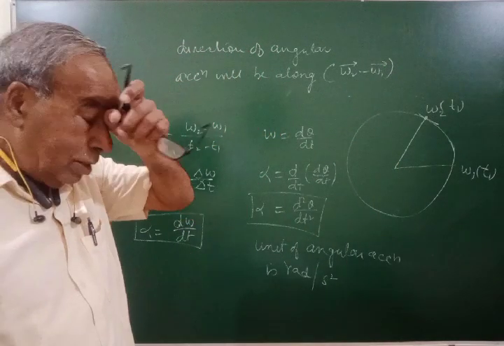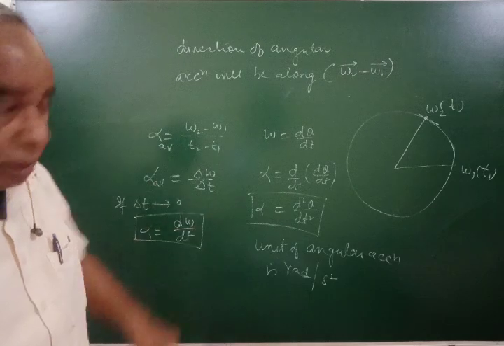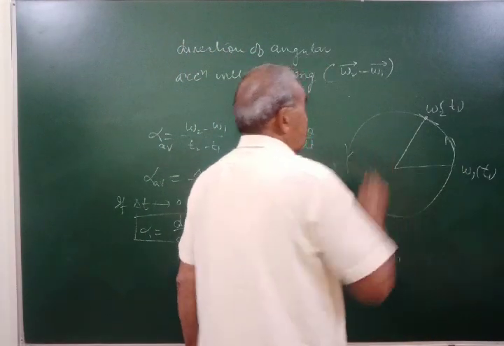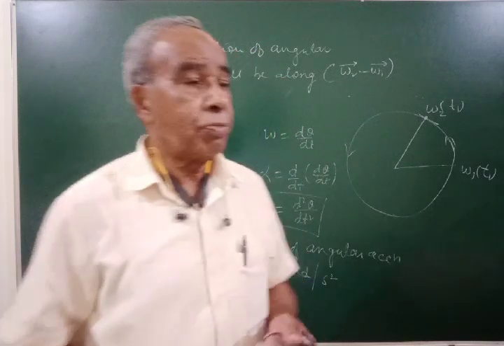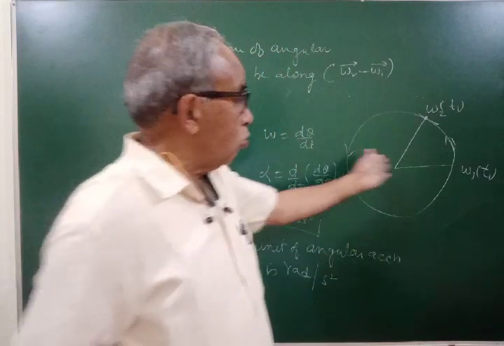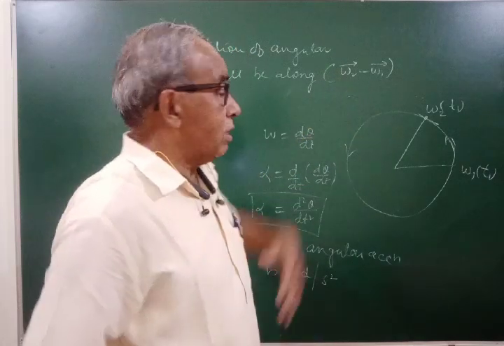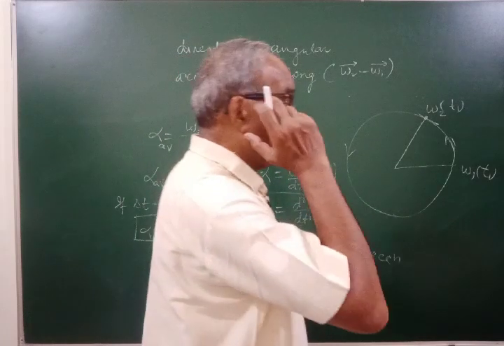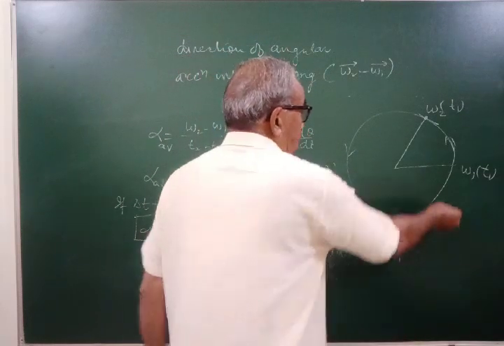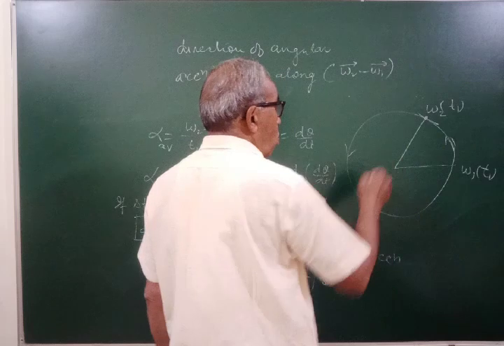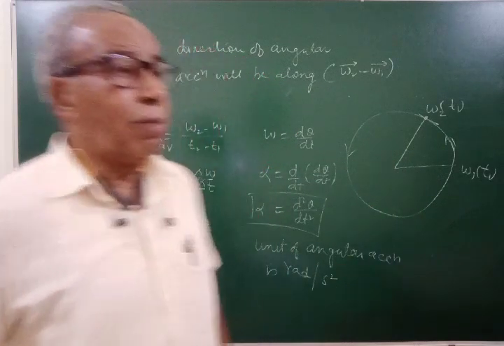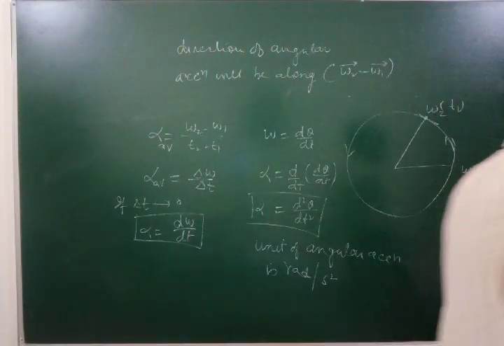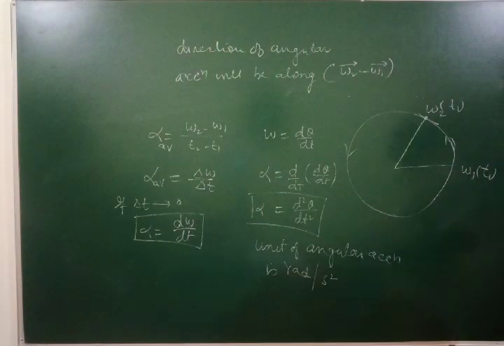So, if a body is moving with increasing angular velocity, suppose anti-clockwise here, then alpha will be normal to the plane of movement, outward. But if velocity decreases, omega 2 less than omega 1, so the direction will be opposite to the angular motion. It will be inward. Remember, the direction of angular acceleration is along omega 2 minus omega 1.